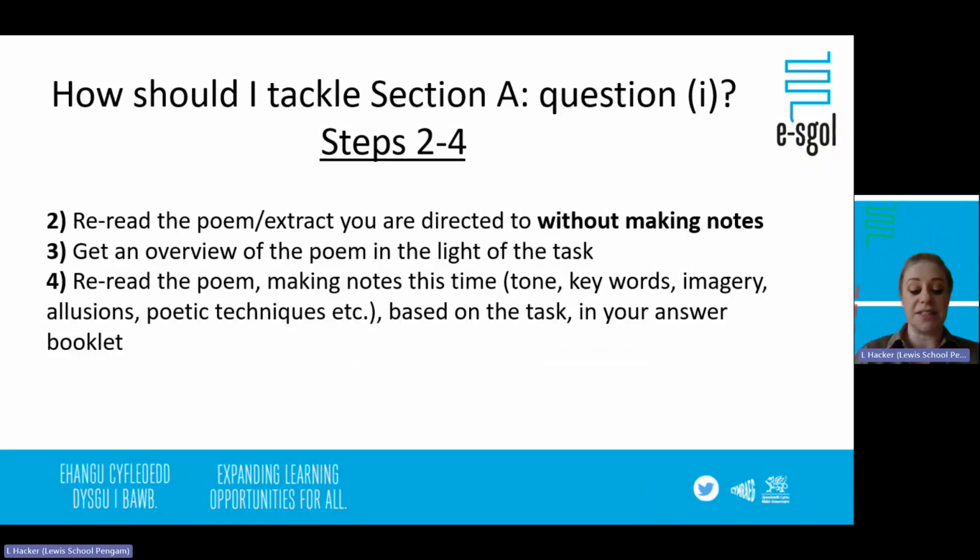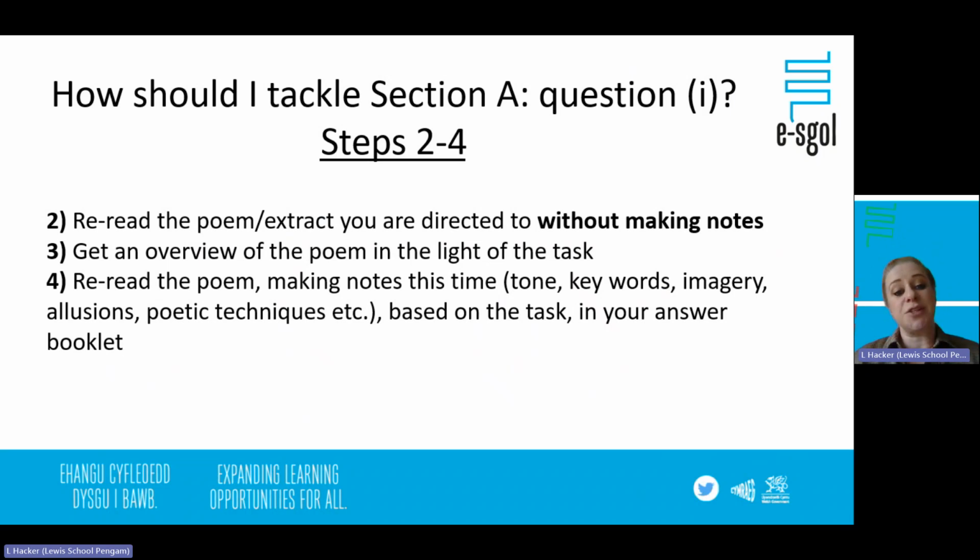And the likelihood is that the way you have studied the poet's other poems means that you have a knowledge and a general idea of what their likely images and ideas will be. These pre-1900 poets tend to have specific themes and ideas that they run throughout a lot of their poetry, and that is going to be helpful to you.